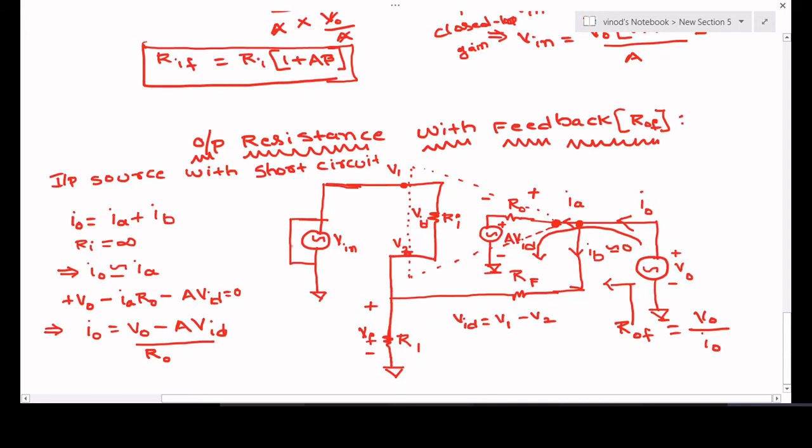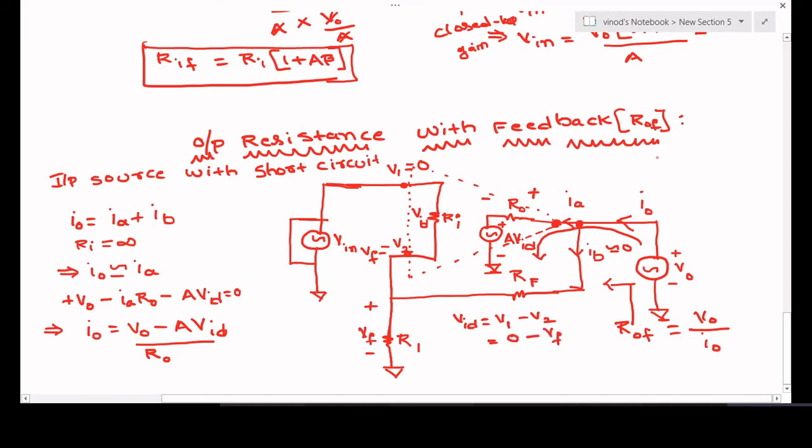As this input source we have replaced with a short circuit, V1 is straight away connected to the ground terminal. So V1 value is 0. What about V2? V2 is nothing but VF, right? So V1 is 0 minus V2, which is VF.